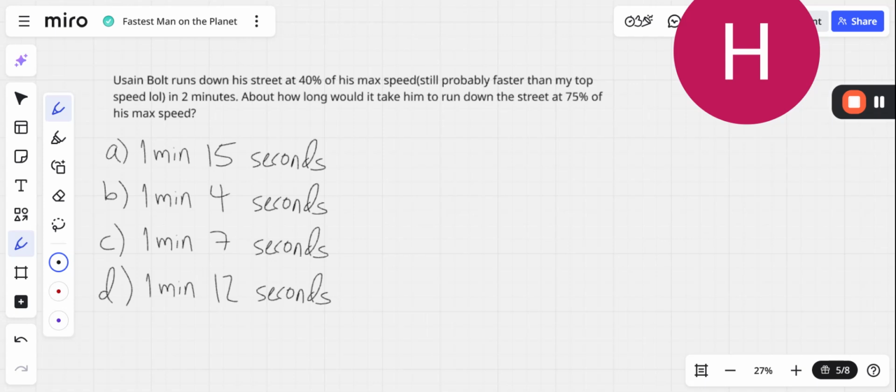No, seriously though, since I'm pretty much reading the problem for you already, go ahead and give the rest of it a proper read. This one is multiple choice, which means you could take a guess, but that's not going to help you in the interest of time. This is a non-calculator problem, which is why I say about how long would it take Usain Bolt to run down the street.